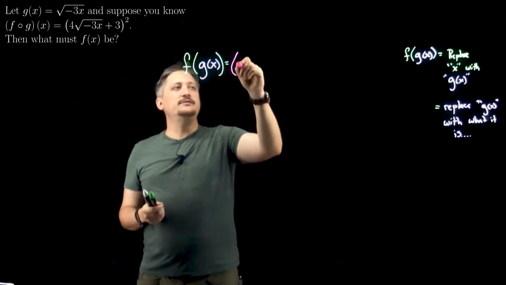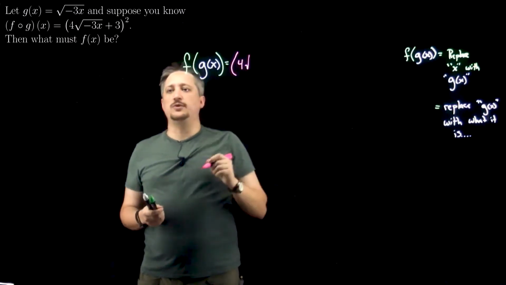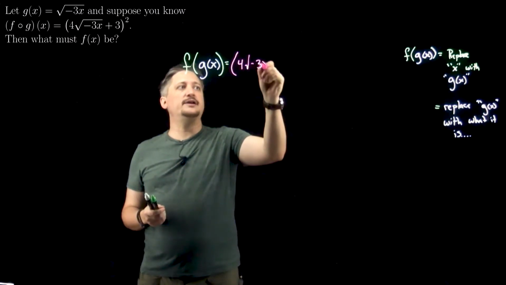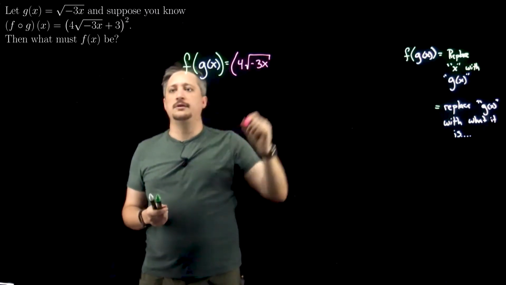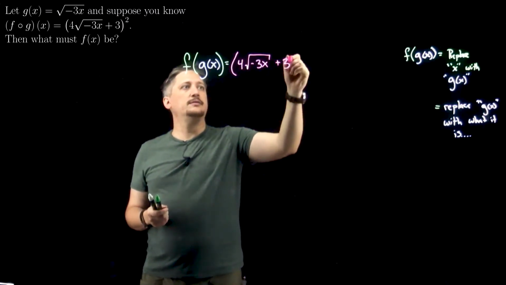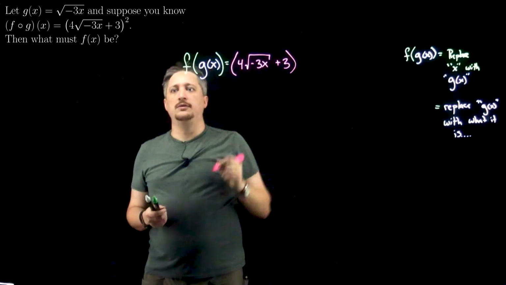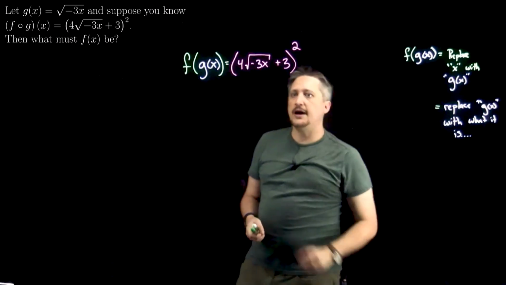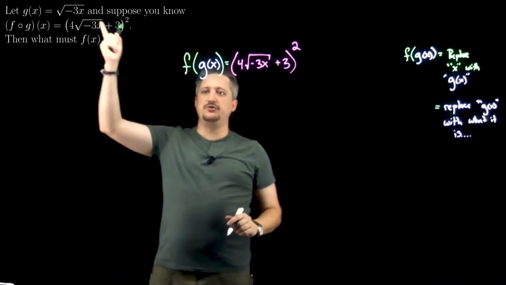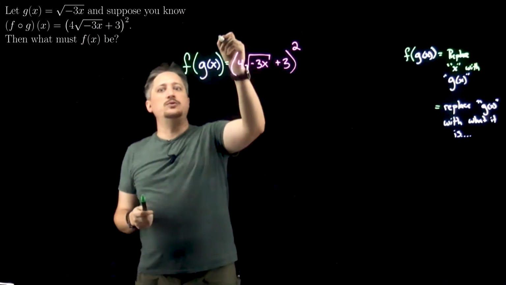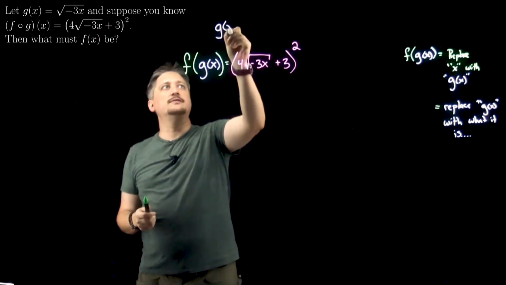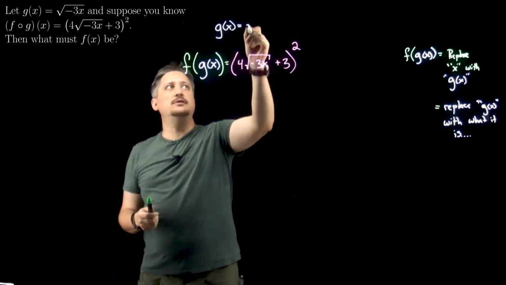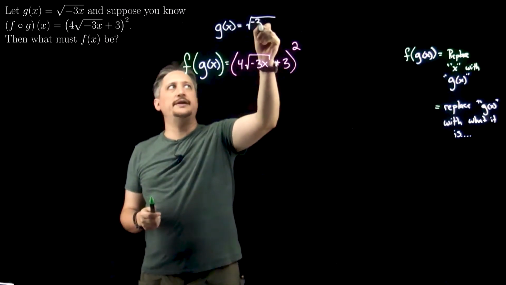So this thing is 4 times the square root of minus 3x plus 3, all squared. And I'm given g of x up here. So I know g of x is the square root of negative 3x.